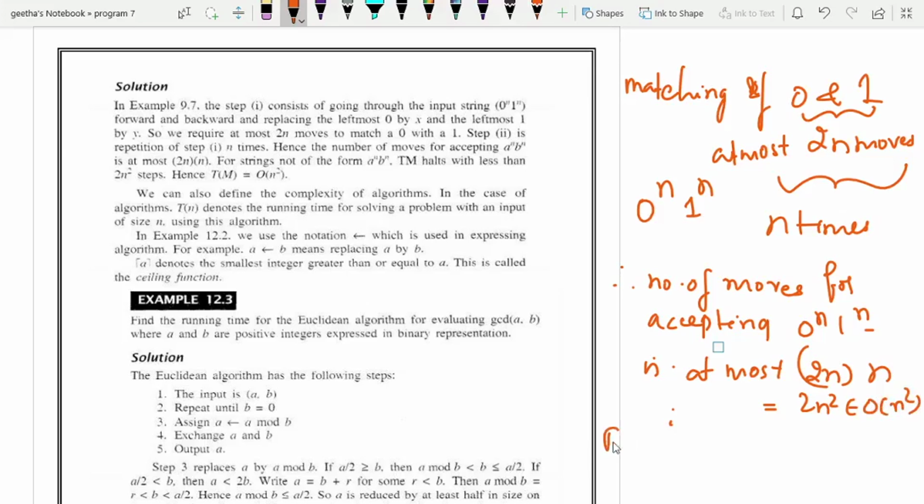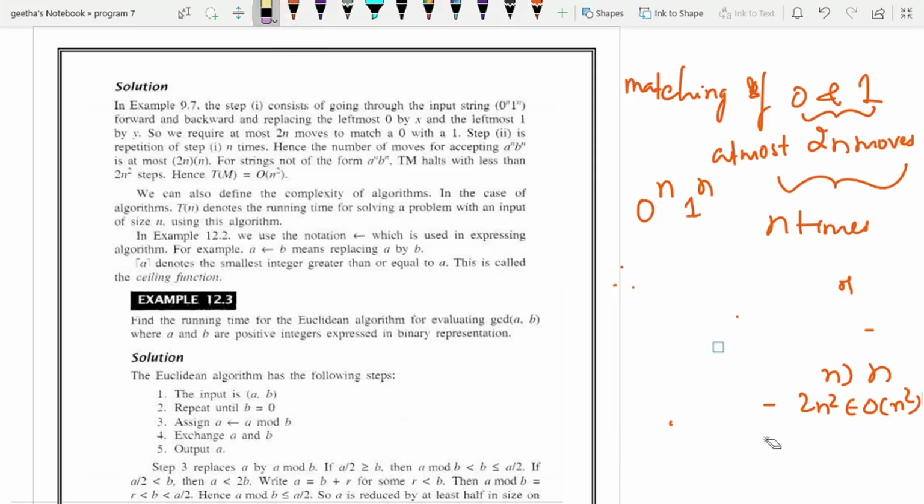What about the strings not of the form 0 to the power n and 1 to the power n? For such strings, the Turing machine halts with less than 2n square steps.